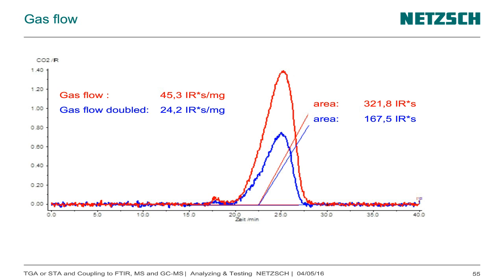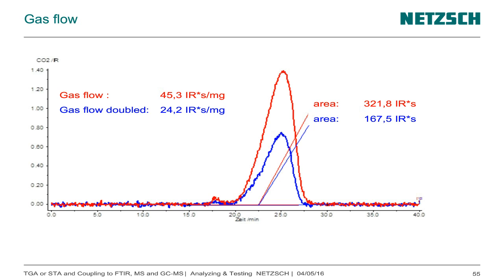It's not exactly the half. This could be due to several things. One possibility would be that my gas flow is not exact, another possibility would be that I do not have the same sample and there are some inhomogeneities, but it fits to be half of it like it should be. The third possibility, which is the case here, is that the linearity of the FTIR which I used was not as good for the carbon dioxide.